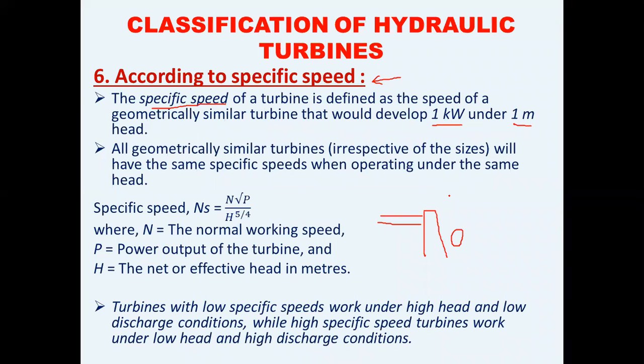Then the speed of rotation of that turbine that we have constructed is known as the specific speed. All geometrically similar turbines, irrespective of their sizes, will have the same specific speed when operating under the same head.